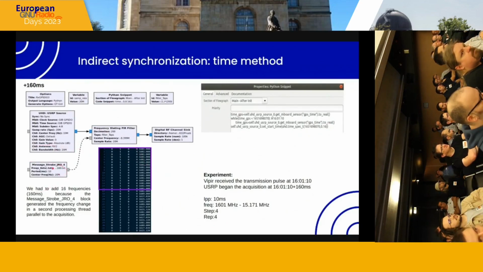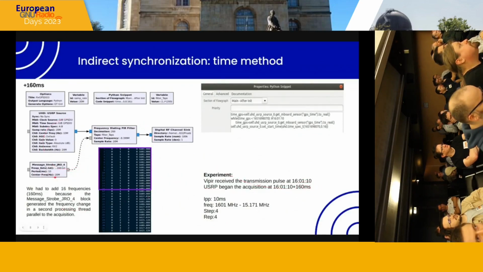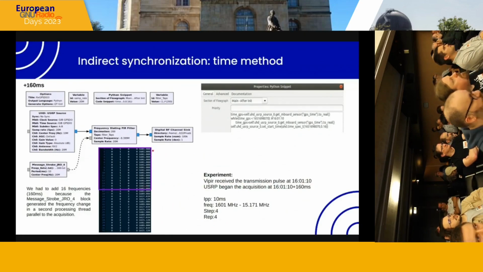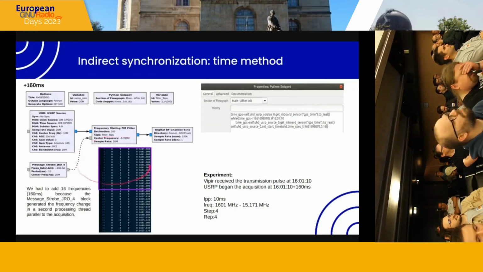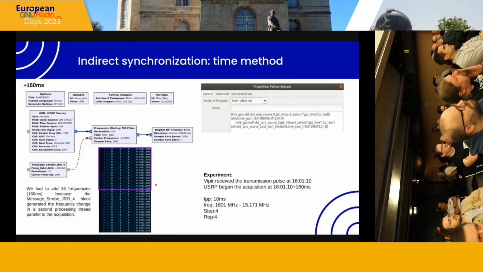But as this block is asynchronous, because we are using a polymorphic data type and a second thread, we have to add frequencies because 160 milliseconds is not waited by this block. So we will start before. And to be synchronizing frequencies, we have to add that amount of frequencies. In this case, it will be 16 frequencies.